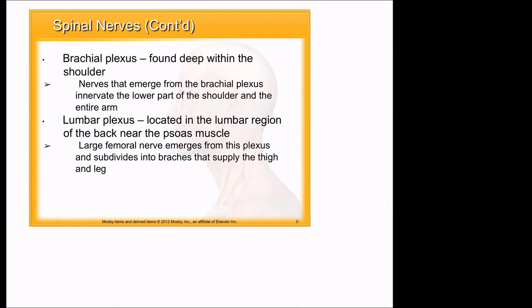So mom's uterus continues to try to push that baby through. In the process of that happening, the brachial plexus can get stretched. Those nerves can get stretched and damaged.